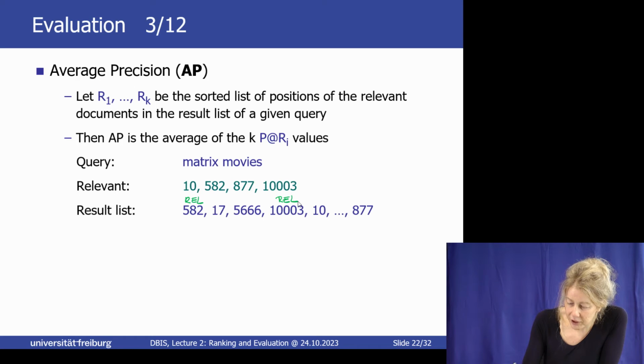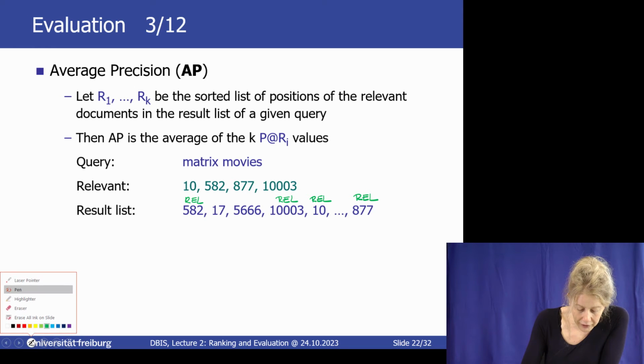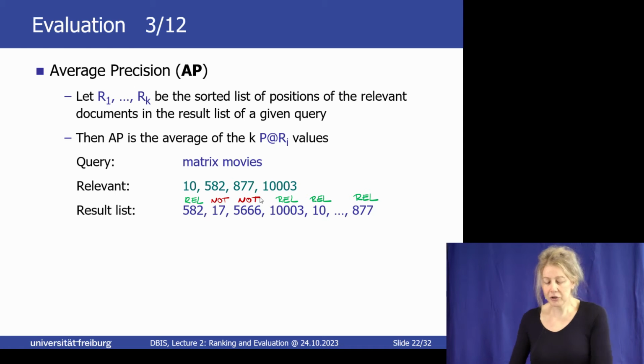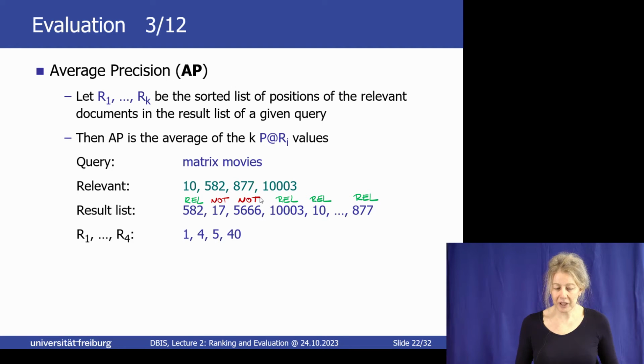I think it should be the same. 10 is relevant. And 877 is also somewhere in my list. So I'm looking for all the relevant ones, and this is not relevant, and this is not relevant. I will just explain this by examples, and then at home you can try to really understand them, but these are very simple measures. Now I look at where the relevant documents are in my list.